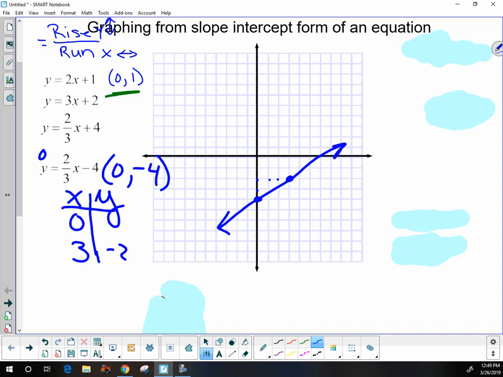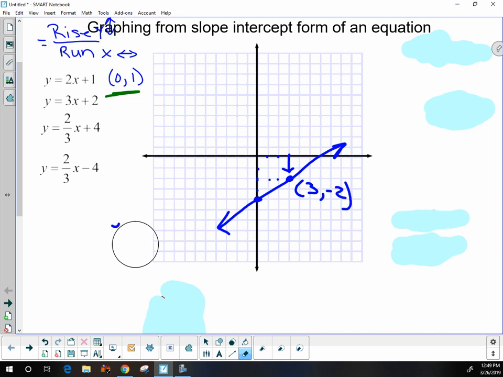You'd get -2 this time, which is where we ended up right here. If you look, I went over 1, 2, 3, and down 1, 2. And that checks out.